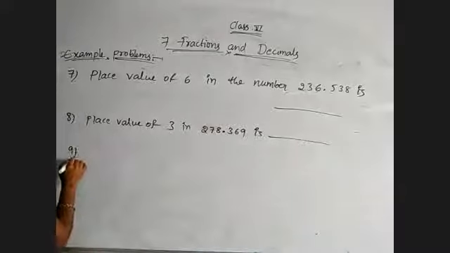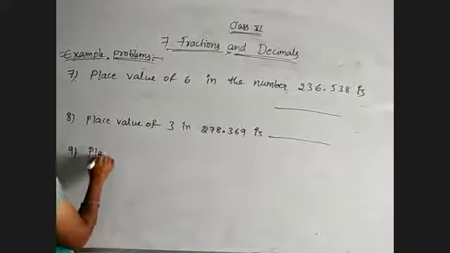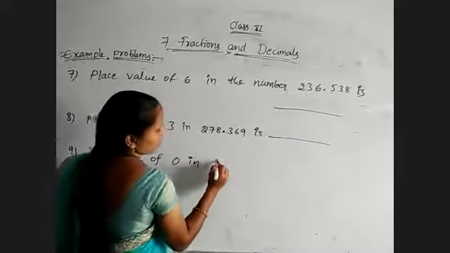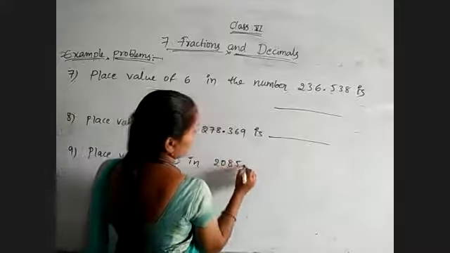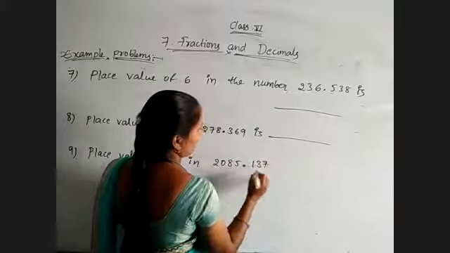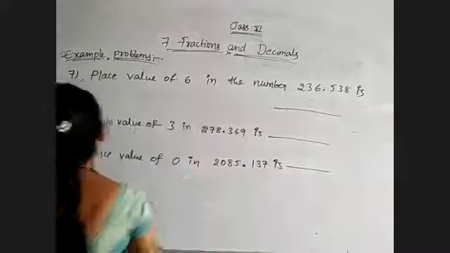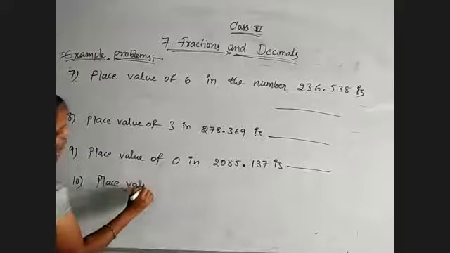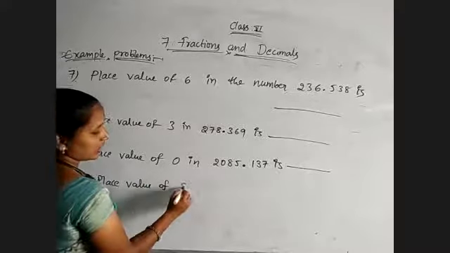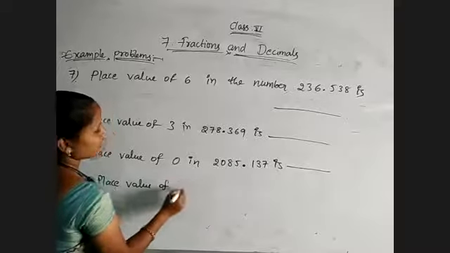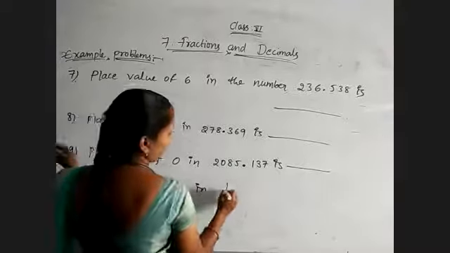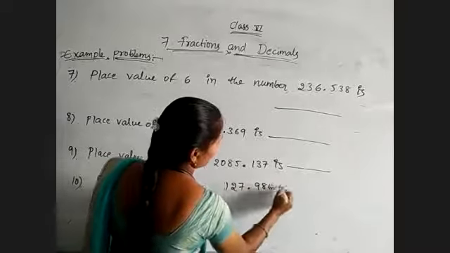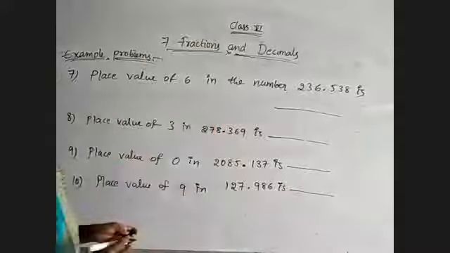And next, place value of 0 in 2085.137 is dash. And next, place value of 9 in the number 127.986 is dash. Okay, now observe these four problems.